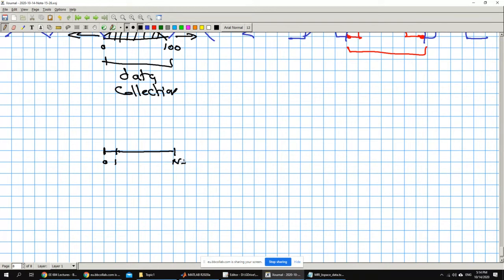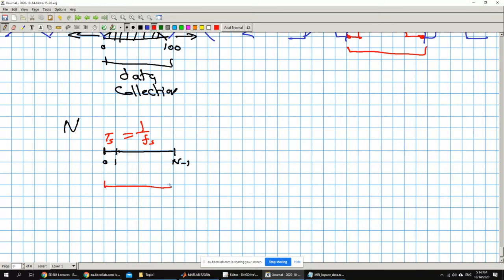This is n minus 1. If I have n samples, I have n samples. I have to have something called the sampling period. Of course, you heard about that in the signals and systems course. The sampling period is by definition 1 over the sampling frequency. If I have a particular sampling frequency, the sampling period will be 1 over Fs. This will be in seconds, of course.